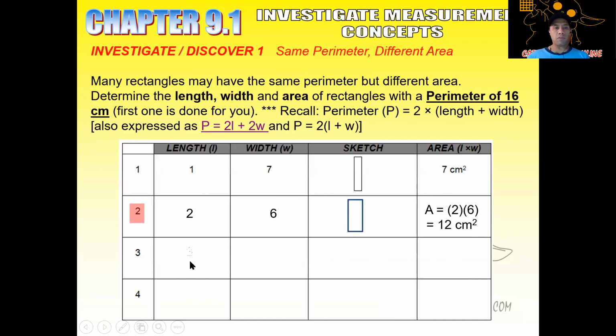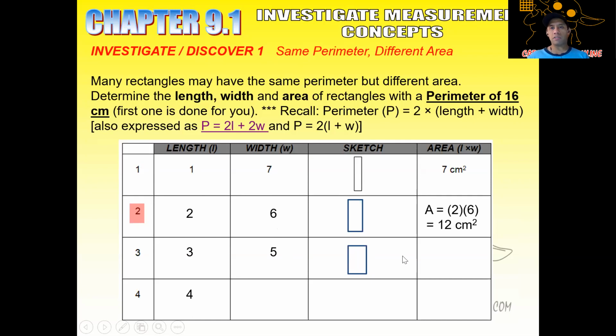So with a length of 3, since we're increasing the length, we're going to decrease the width by 1. So we have a length of 3 and a width of 5. As you can see, when I'm drawing the sketch, I'm just trying to give you the general idea of what's happening. The length is increasing, and the width, which is the vertical side going up and down, is decreasing.